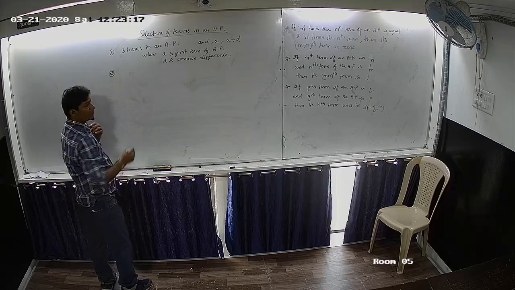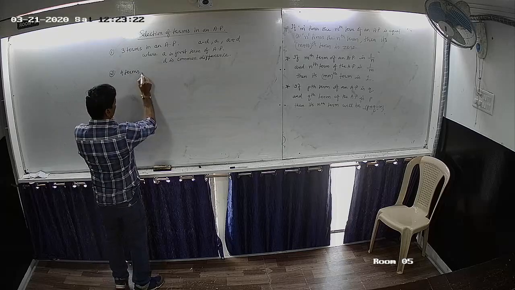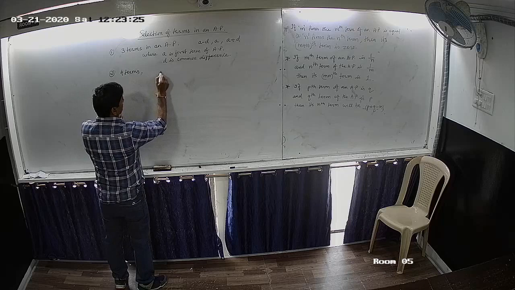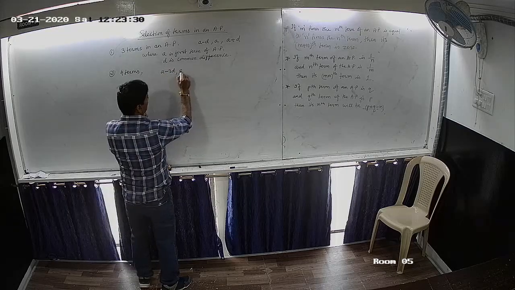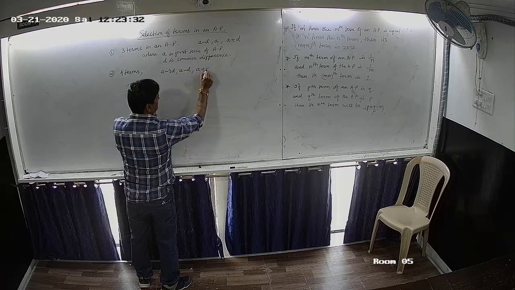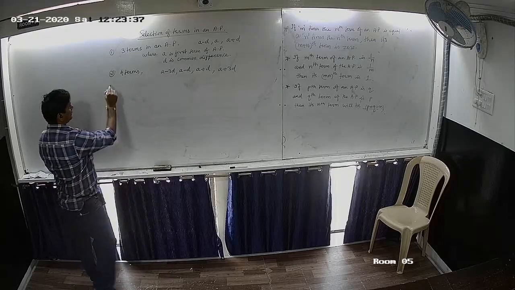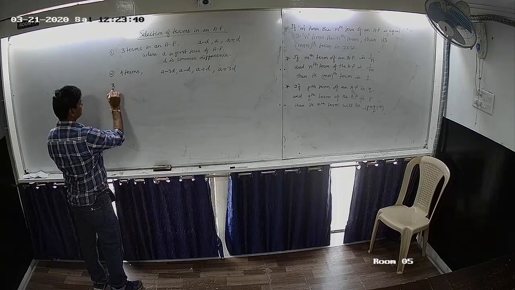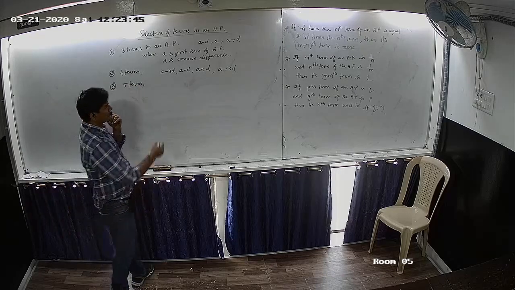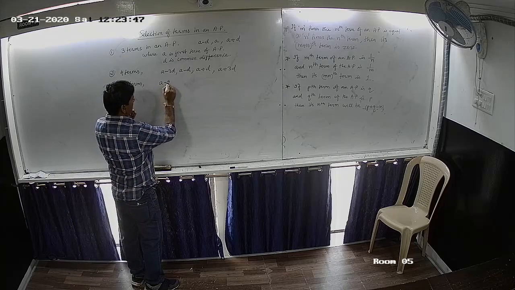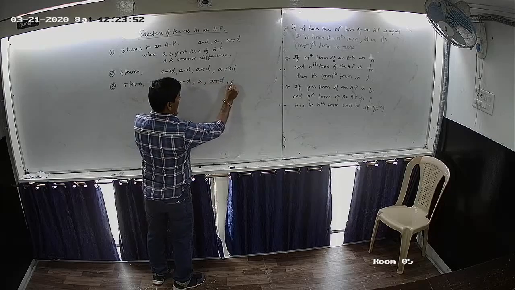If you want to select four terms, then the terms can be selected as A minus 3D, A minus D, A plus D and A plus 3D. Five terms can be selected as A minus 2D, A minus D, A, A plus D and A plus 2D.